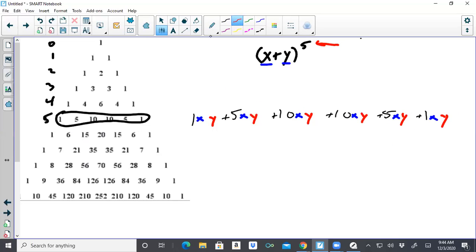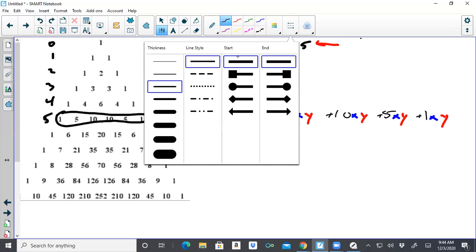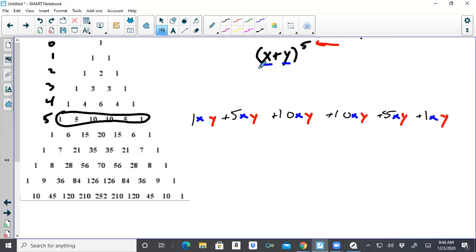And now I can basically finish off this entire problem by looking at this power. For the x's, I'm going to write them in descending power. So 5, 4, 3, 2, 1, 0. And then for y's, I'm going to write them in ascending order. So 0, 1, 2, 3, 4, 5.